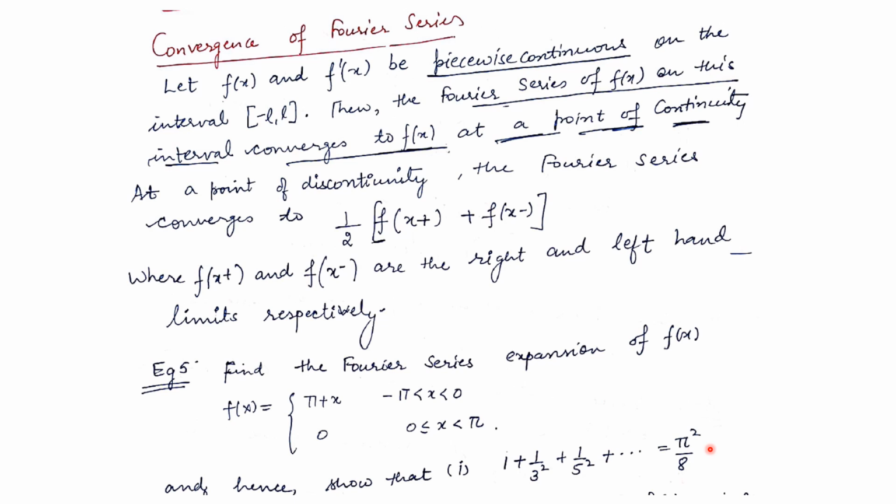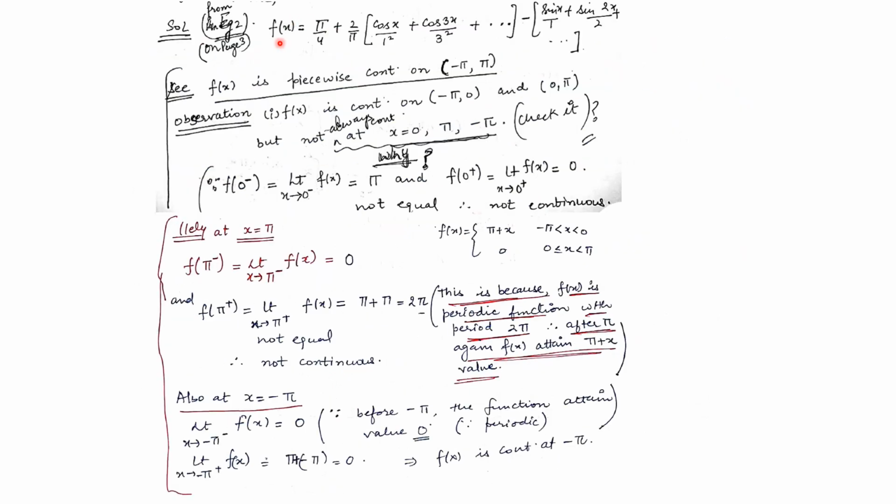Now in this case, first we obtain the Fourier series, meaning we have to find the values of a0, an and bn, and substitute in the series to get the Fourier series expansion of this function. This was already done on page number 3 in example 2, that this is the Fourier series of f(x).